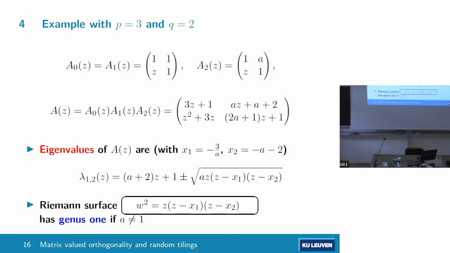And so it means that these eigenvalues are meromorphic functions on this elliptic Riemann surface with 2 sheets associated with this cubic equation here. And the genus is 1, except if A is 1, because then you may verify that x1 and x2 coincide, and then we come back to genus 0.